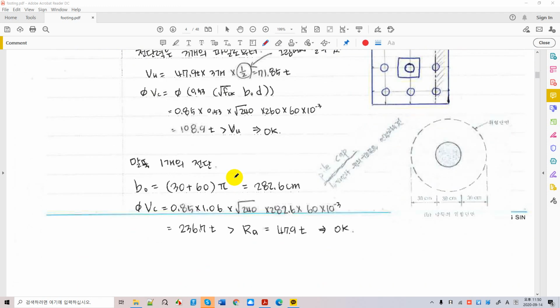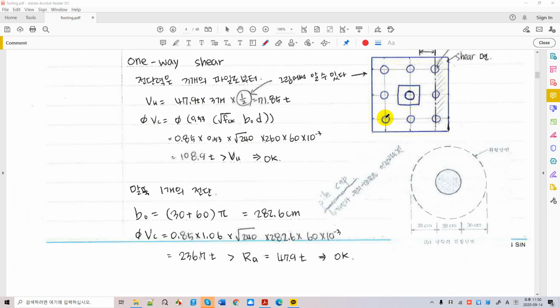And then the critical section for one pile is easy again, and the critical section is going to be d over 2 from the face of the pile here, right? So this is the pile diameter, and d over 2 here and d over 2 there, right? Actually this is a 90 diameter, and the perimeter of this circle is this.